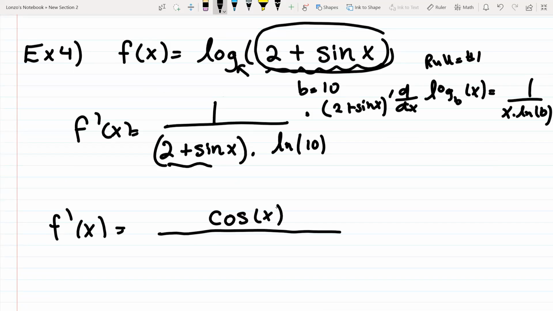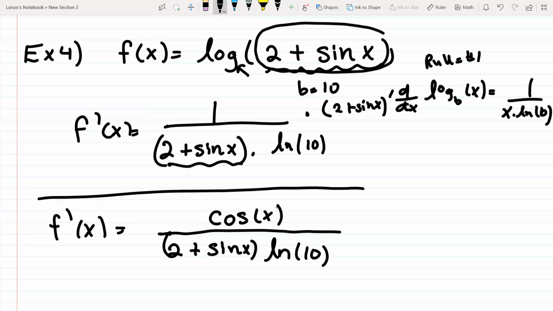And then this stays the same. And then you could just leave ln of 10 alone. Just leave it like that. That'd be fine. So that would be your final answer.